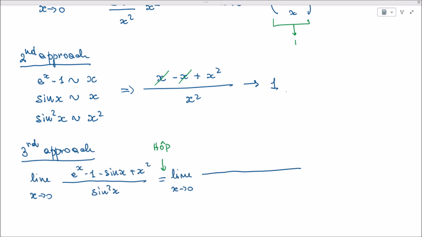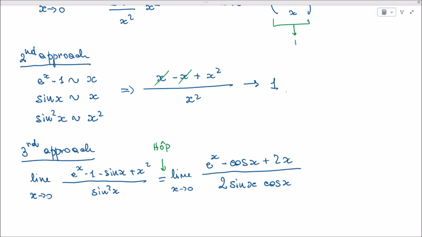We need to take the derivative, right? So we have e to the x, the derivative of minus 1 is 0, the derivative of minus sine of x is minus cosine of x, plus 2x. And then we have 2 sine of x cosine of x.